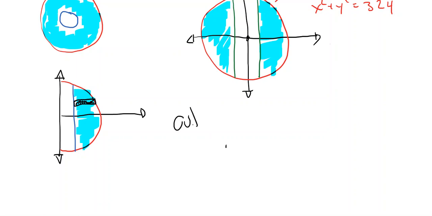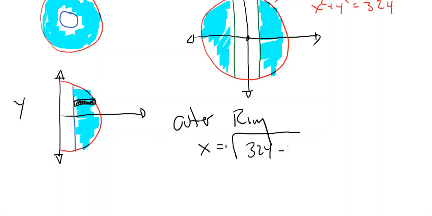So the outer ring is going to be the actual equation of the ball. But because our rectangles are sideways, we are doing this with respect to y. So that means that we're going to have x is equal to the square root of 324 minus y squared.